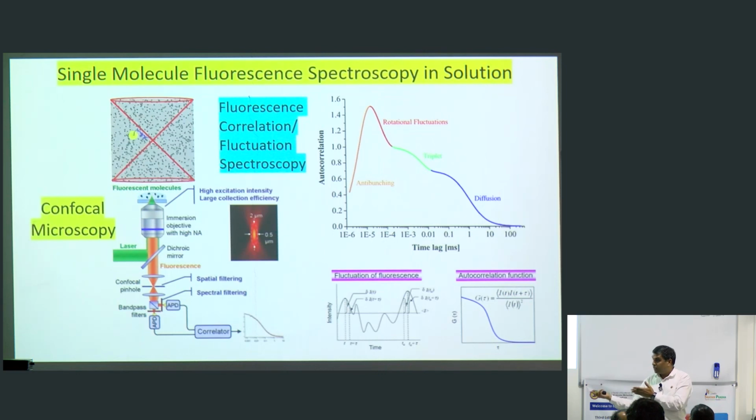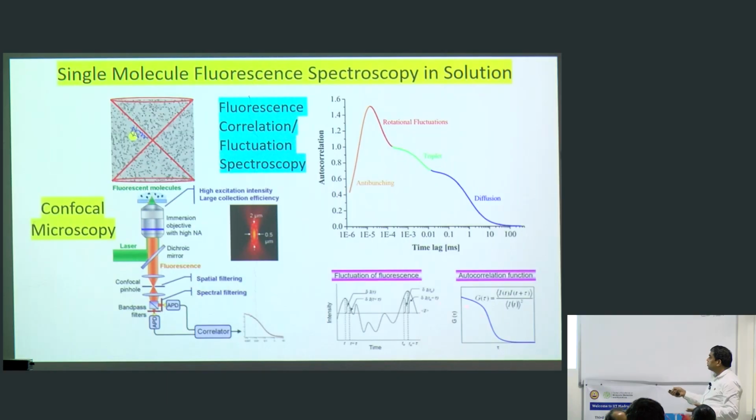So you have different types of detector. But in principle, you can do the correlation, and then you can study different types of dynamics. You can do size measurement from the correlation time using the Stokes-Einstein equation. Also, you can manipulate this information to get different information, right?